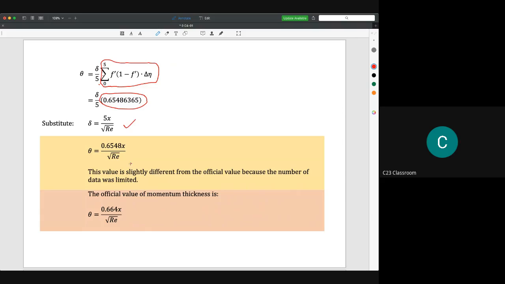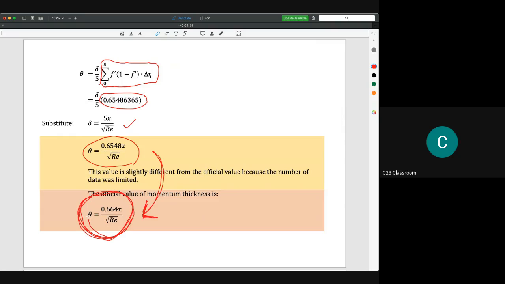So finally we get theta equal to 0.6548x over square root of Reynolds number. If you check these numbers, it is actually different from the official value of Blasius. The official value is 0.664x over square root. When you open a textbook or search on the internet, they will give you this as the theta for the Blasius solution.